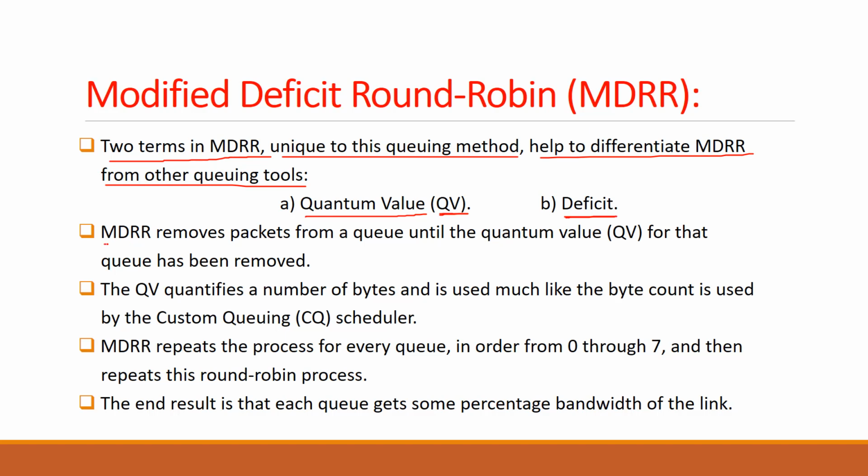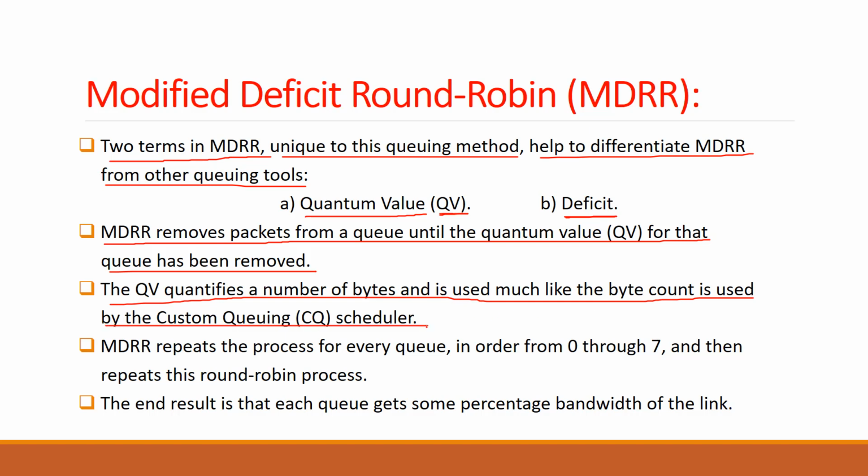Mdrr removes packets from a queue until the quantum value for that queue has been removed. The QV quantifies a number of bytes and is used much like the byte count used by the custom queuing scheduler. This will be clear in the figure that we are going to give in the next slide.